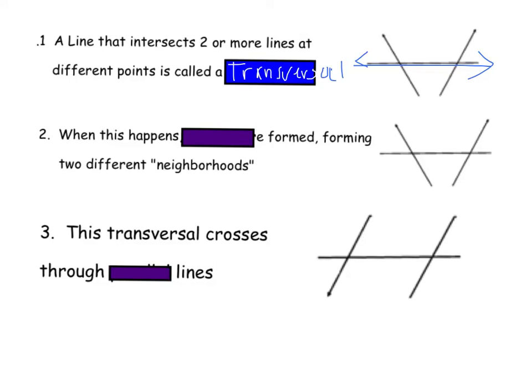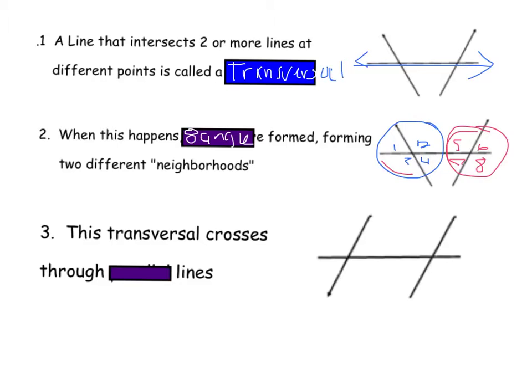When this happens, 8 angles are formed in 2 different neighborhoods. So here's 1, 2, 3, 4 in one neighborhood, 5, 6, 7, 8 in another. Another way to think about this is intersections. So this is one intersection and this is another intersection.